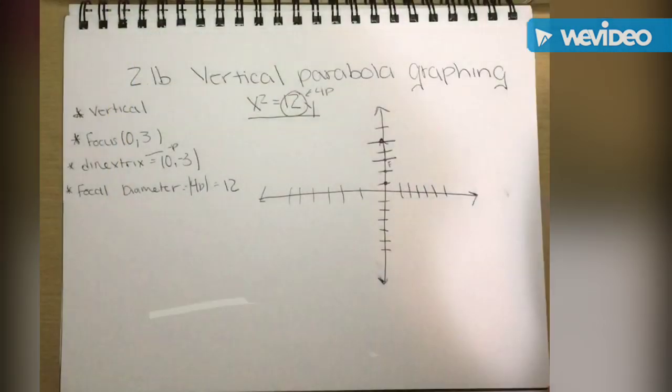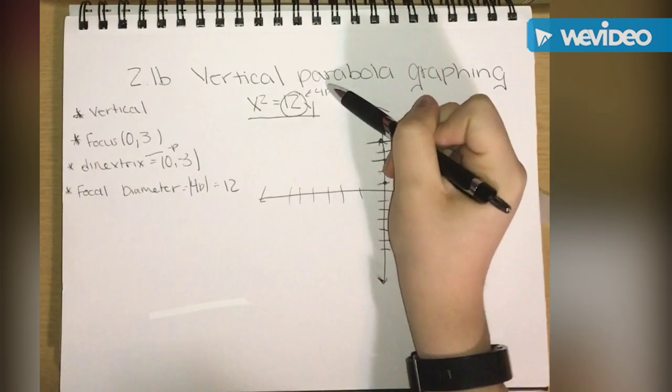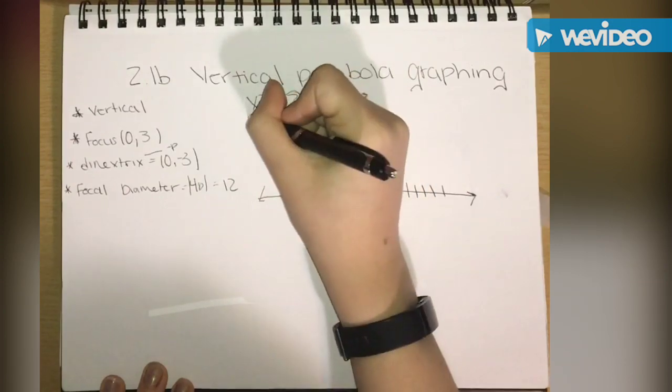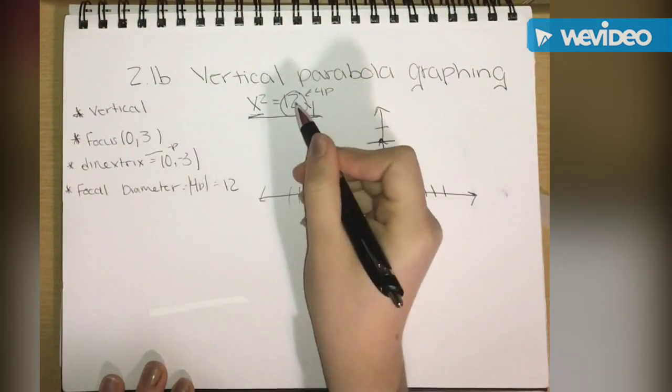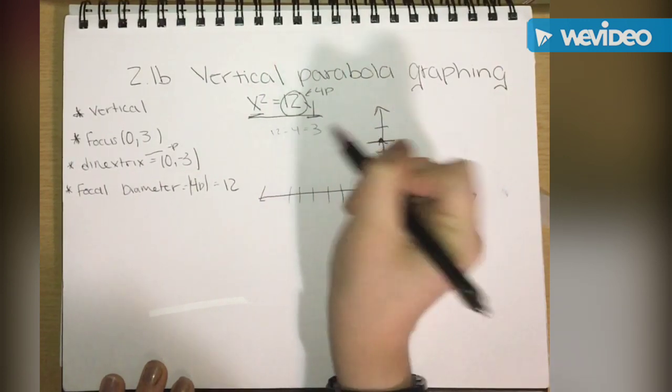And next, we are going to do a vertical parabola graphing. Now we have an equation, x squared equals 12y. So we found our focus, our directrix, and our focal diameter.